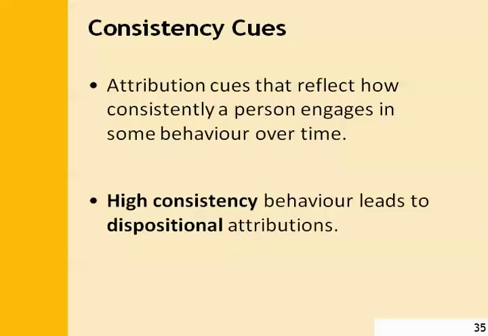When a person always engages in some behavior, for example, if the person is always late to work, what does that mean? It means there is high consistency, and high consistency is evidence of dispositional attribution, that this behavior is related to his personality. Either he is not disciplined or he is lazy, things related to personality.